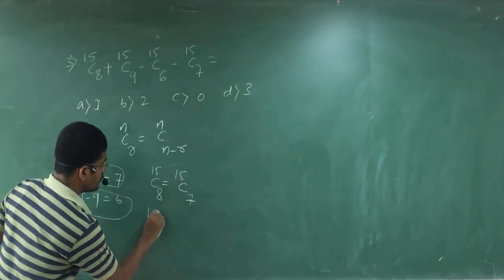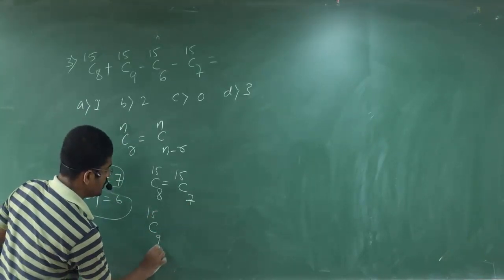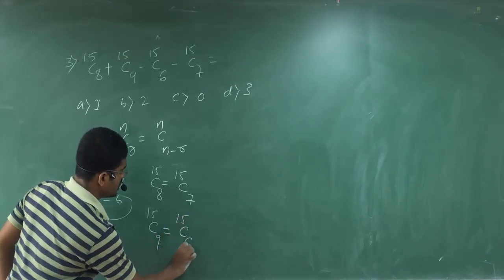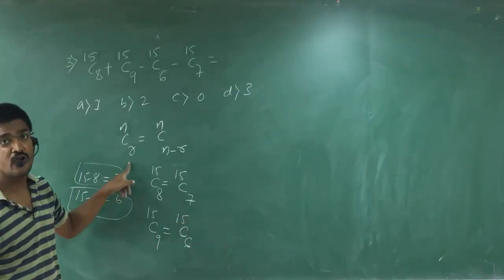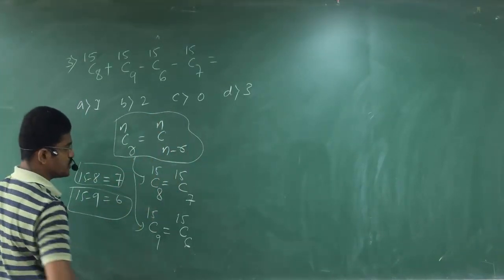Clear? 15C9 is equal to 15C6 by using this formula. So from using this formula, you can write these two terms.